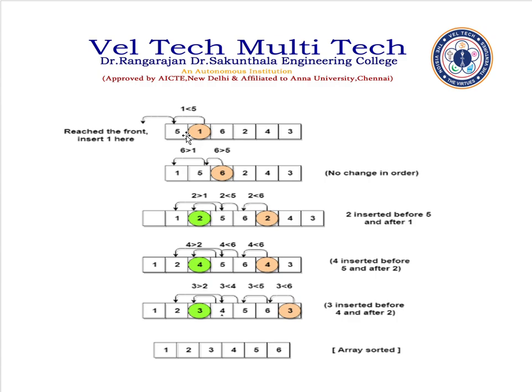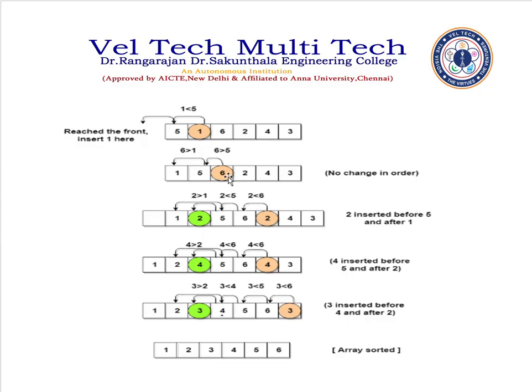The second element here is 1. We have to insert it in its correct position, so 1 will be placed before the number 5. Now 1 and 5 are in their correct positions, in sorted order.